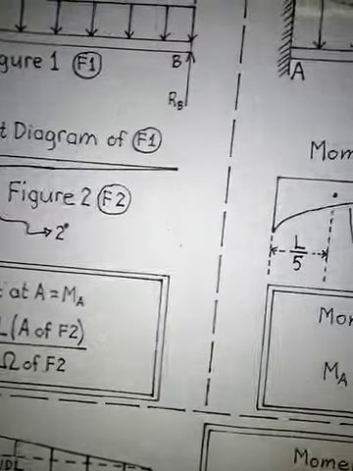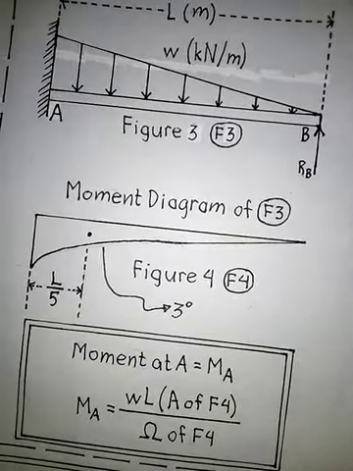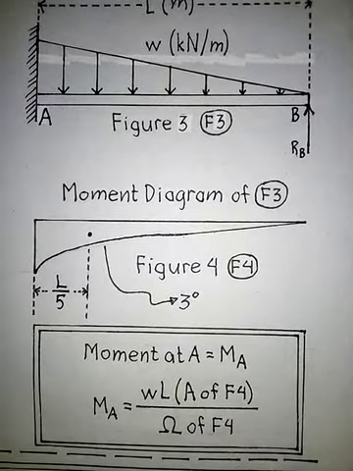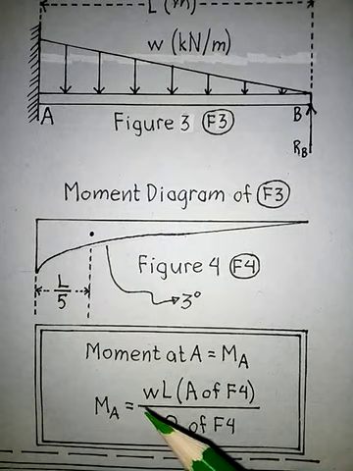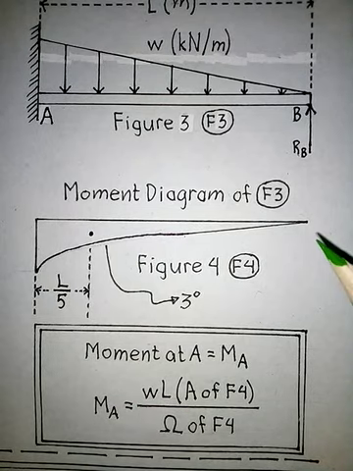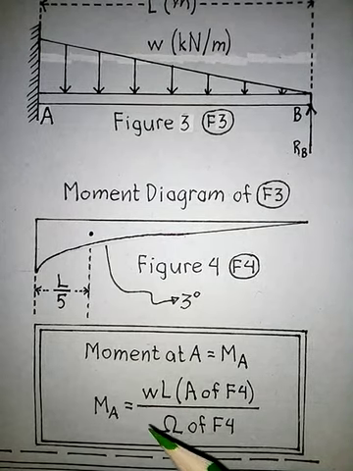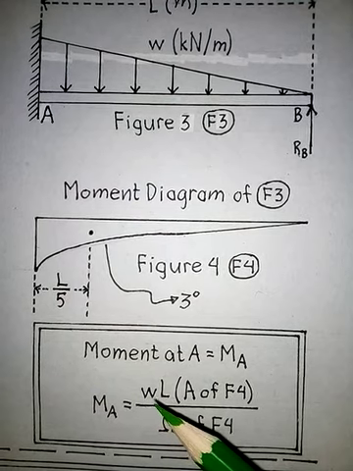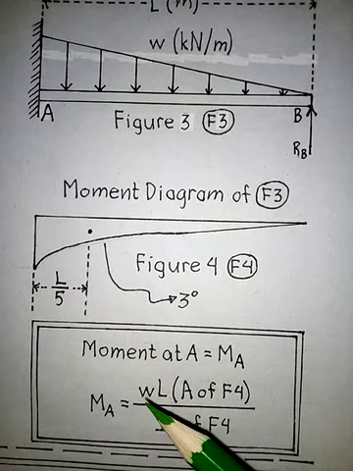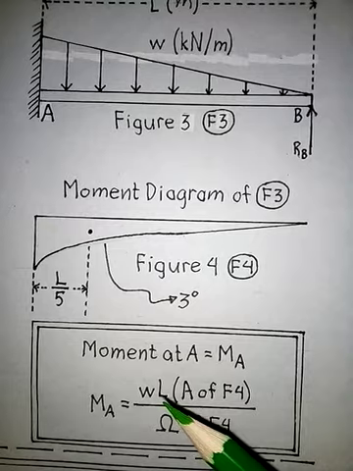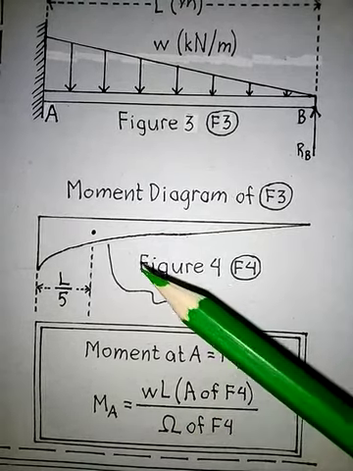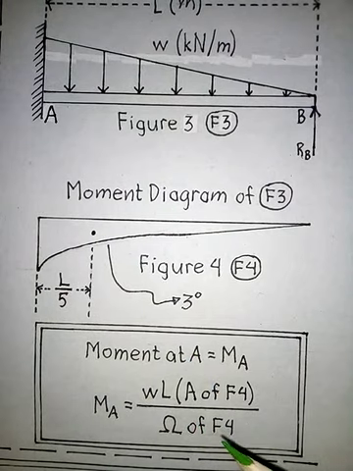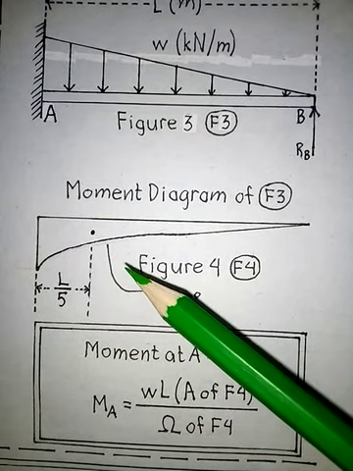And that is, for uniformly varying load, the moment at the fixed end of a cantilever beam with support at the free end here is equal to W, or the uniformly varying load, multiplied by the length of the beam, multiplied by the moment arm of the moment diagram of this beam, divided by the degree of the curve of this moment diagram.